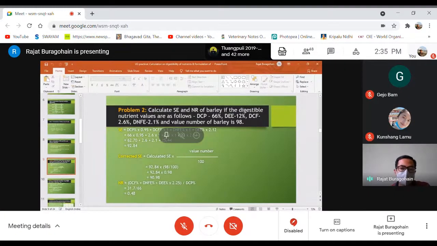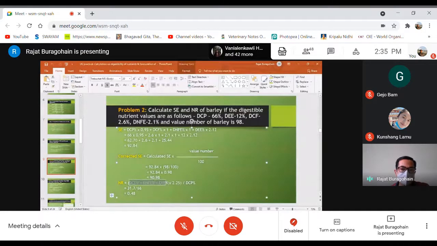The nutritive ratio. Since you have calculated the TDN percentage, this way it is the sum of the digestible non-nitrogenous nutrients divided by digestible nitrogenous nutrients. But always remember here that, like the calculation of TDN percentage, here also you have to multiply the DE percentage with 2.25.